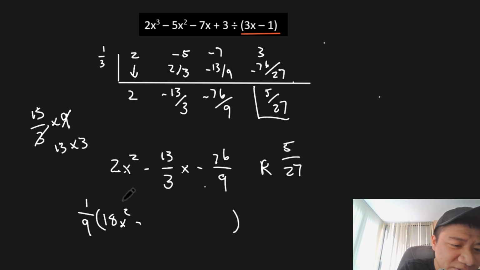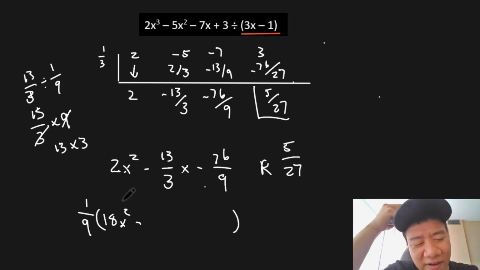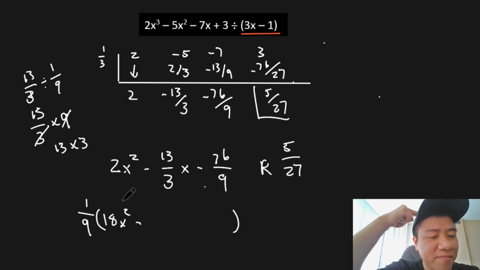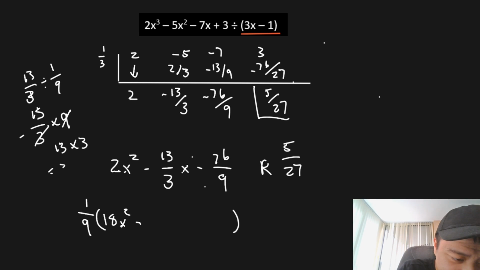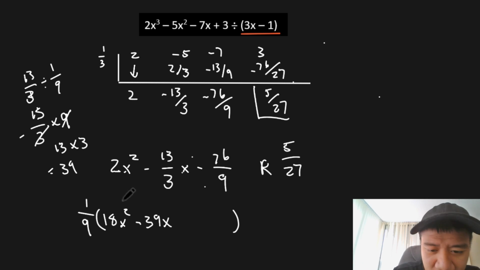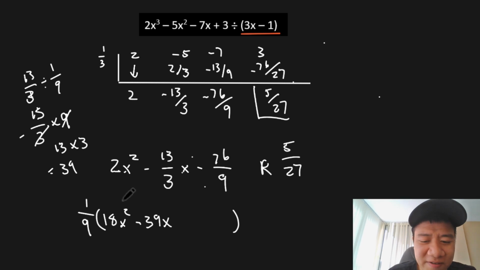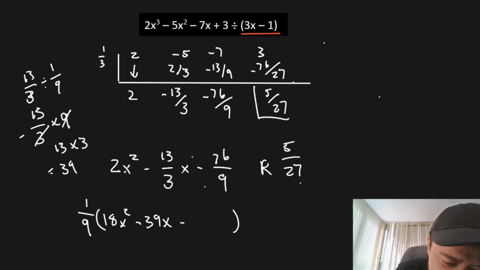If you're confused about this 1 over 9, we technically divided 13 over 3 by 1 over 9. Then we have 39. And then 76 divided by 1 over 9. This one's nice because we're factoring out 1 over 9, so we just have negative 76.